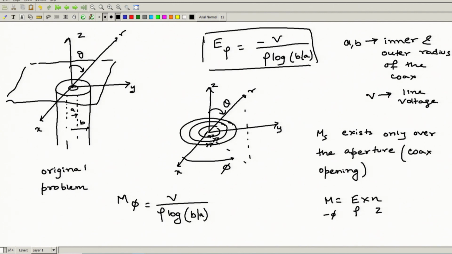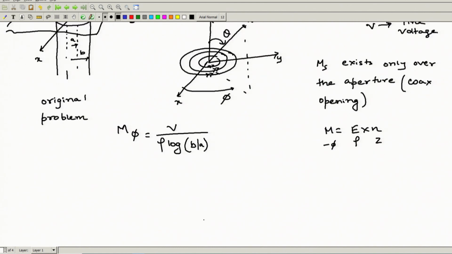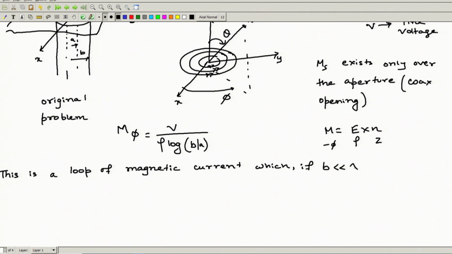So basically this is a loop of magnetic current which, if b is very much less than lambda, acts as an electric dipole.